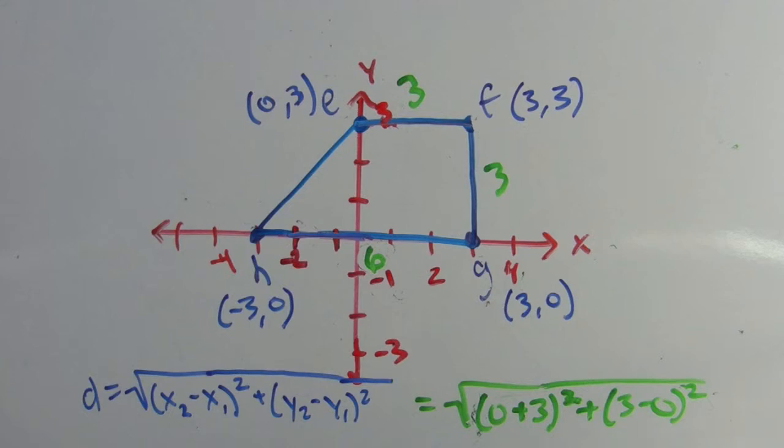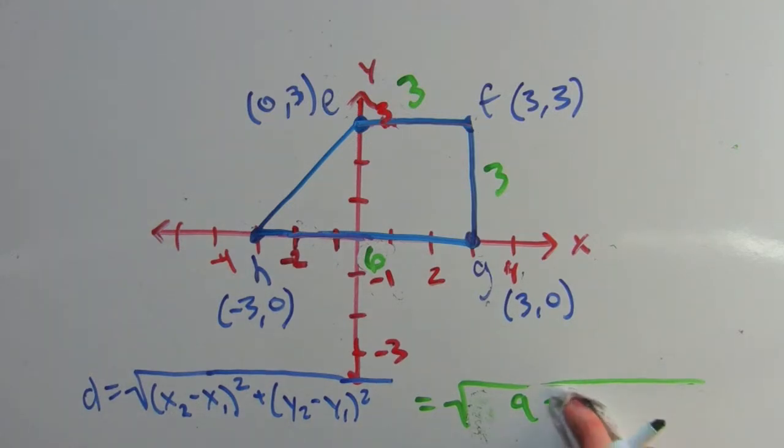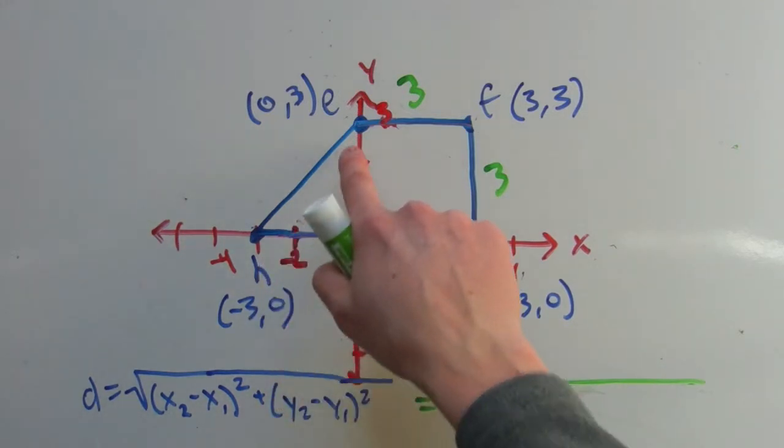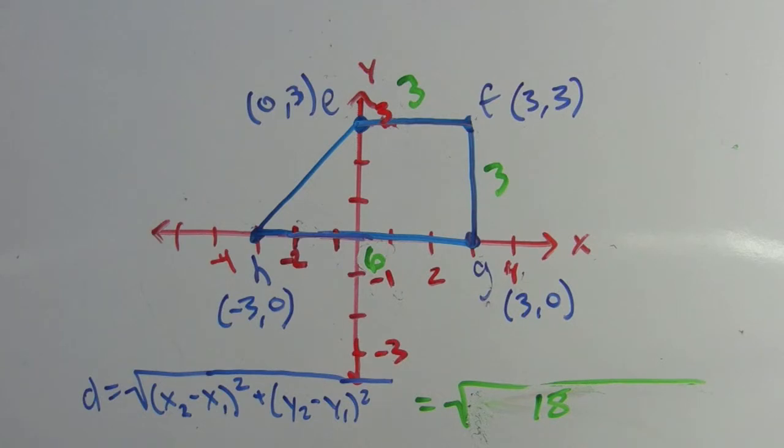That is going to give us 3 squared plus 3 squared, which is 9 plus 9, which equals 18. So the distance from H to E is the square root of 18, so approximately 4.2 units.